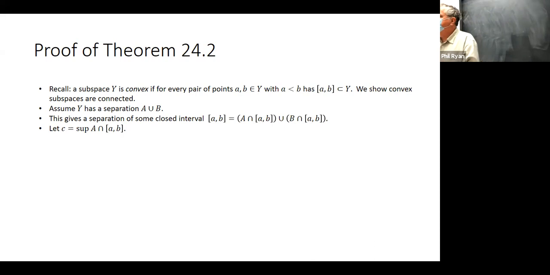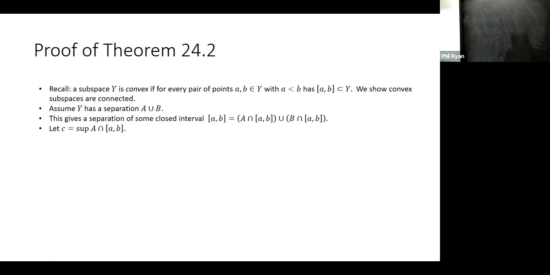So you've already seen the standard way that you prove something is connected. You first off assume that we have a separation. So remember, a separation means that we have two non-empty disjoint subsets whose union is the entire space.